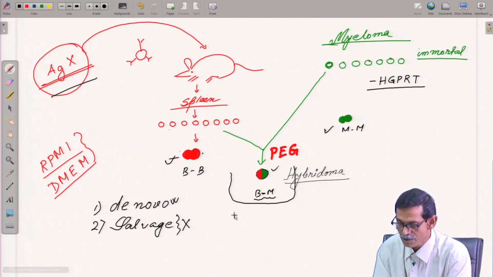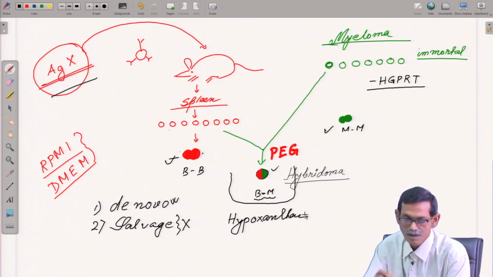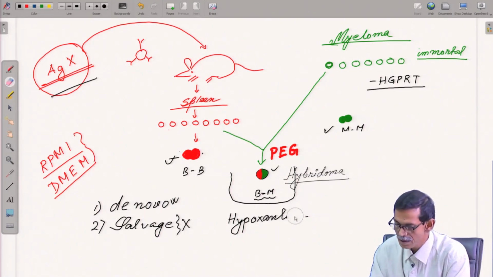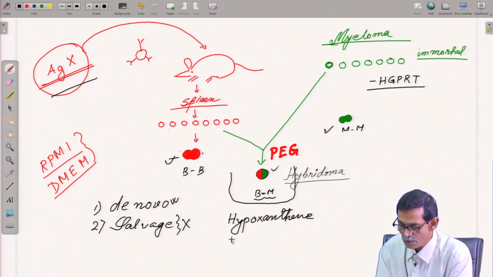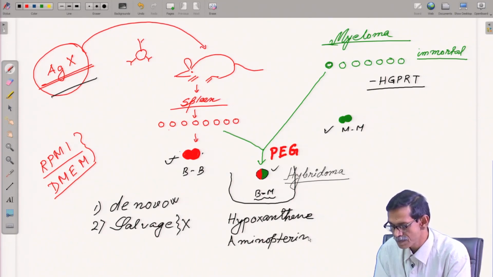So, in that medium we add hypoxanthine, we add aminopterin, and we add thymidine.